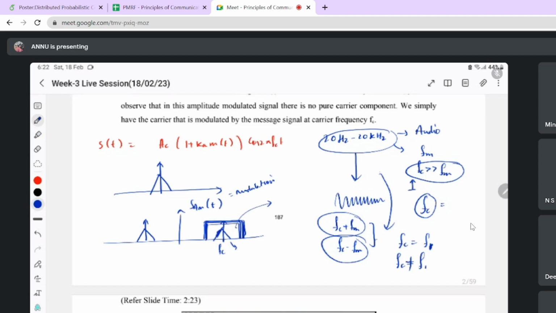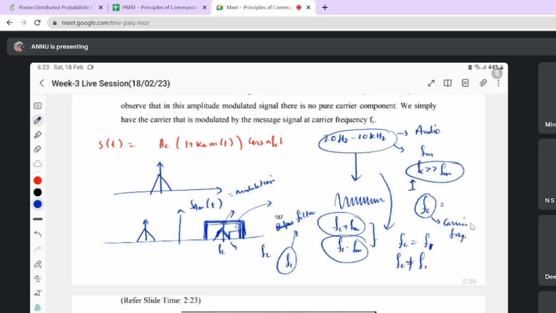For example, we require a DSBSC signal with elimination of the carrier. But sometimes we require a different frequency than fc. That frequency is the filter frequency, the bandpass filter frequency, and this is the carrier frequency. So there is some difference between these two.